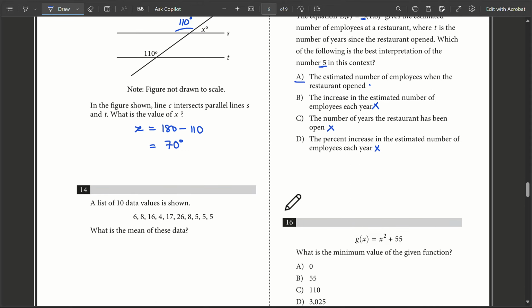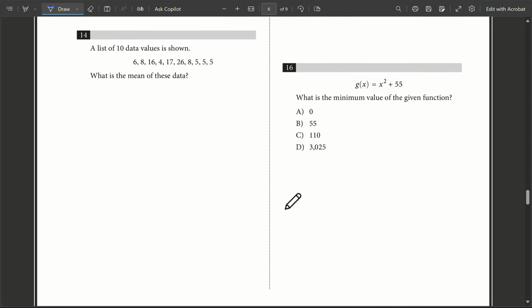Number 14. A list of 10 data values is shown. What is the mean of these data? To find the mean, we find the sum of whatever we are given, and then we divide by the number of data values that we have.